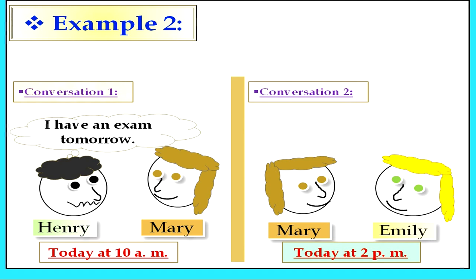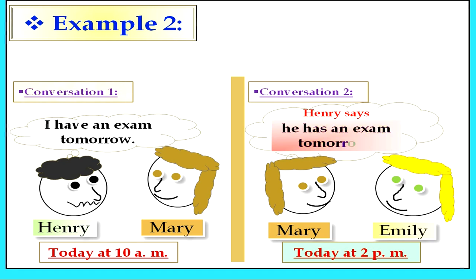But now, during the conversation, Mary has made some changes in the words used by Henry in the first conversation. So, let's listen to what Mary says in this conversation. Henry says he has an exam tomorrow. In this conversation, Mary doesn't use the exact words of Henry. She has made some changes.